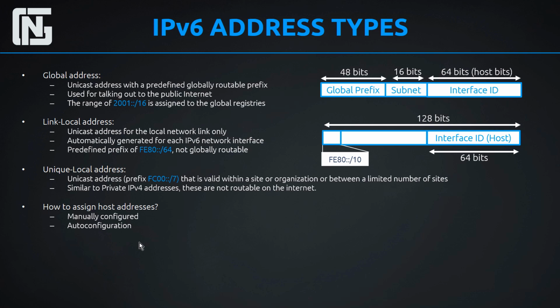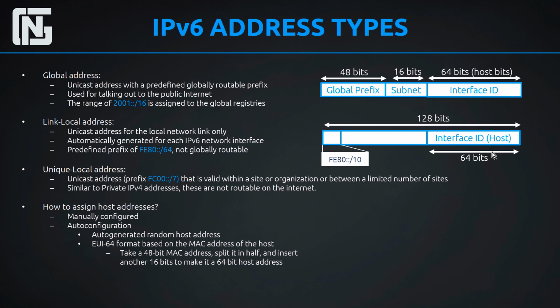Now, automatic configuration can happen in two different ways. One is it's just going to auto-generate the host portion. So the last 64 bits, it'll automatically generate a random address with the host portion. The other way this happens is using something called the Extended Unique Identifier 64 format. And what that does is it looks at the MAC address of the machine. So in that case, it'll look at the MAC address of the network interface card. It will split it in half.